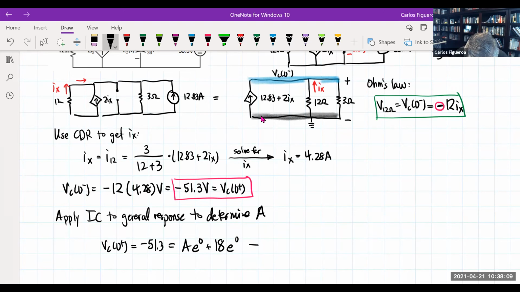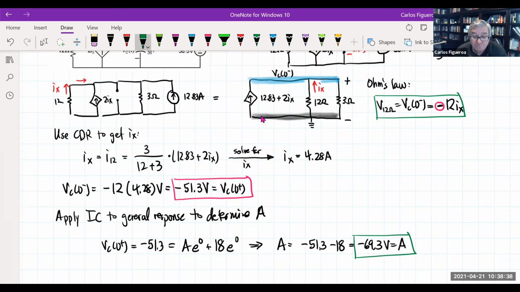So now solving for A of course is going to be minus 51.3 minus 18, which is minus 69.3. Oops, I forgot the minus sign. So minus 69.3 volts for A. So now I got everything about my solution.